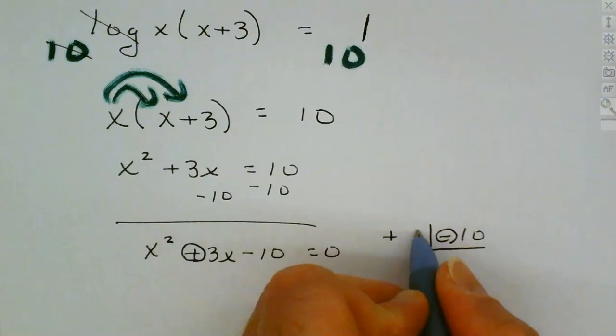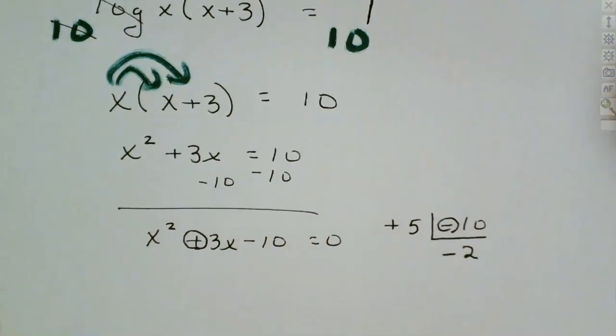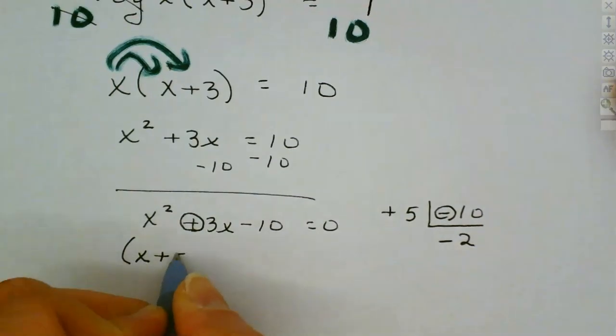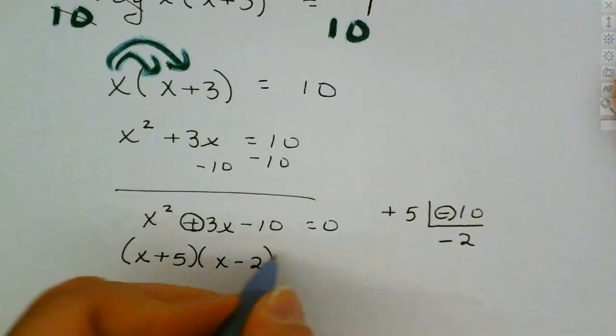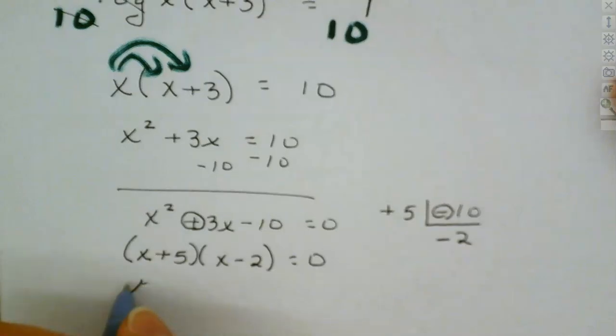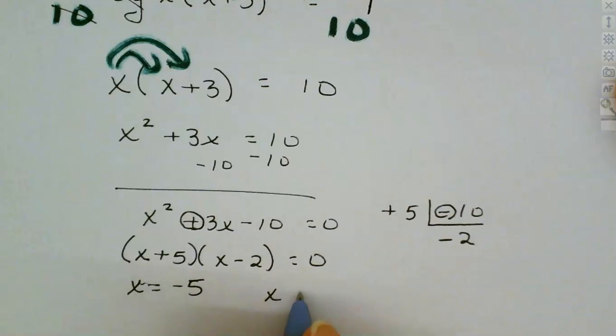Okay, 5 and 2. Positive 5, right? And a negative 2. So that then factors into x plus 5, x minus 2, and that equals 0. Okay. And that gives me then x equals a negative 5, and x equals a positive 2.